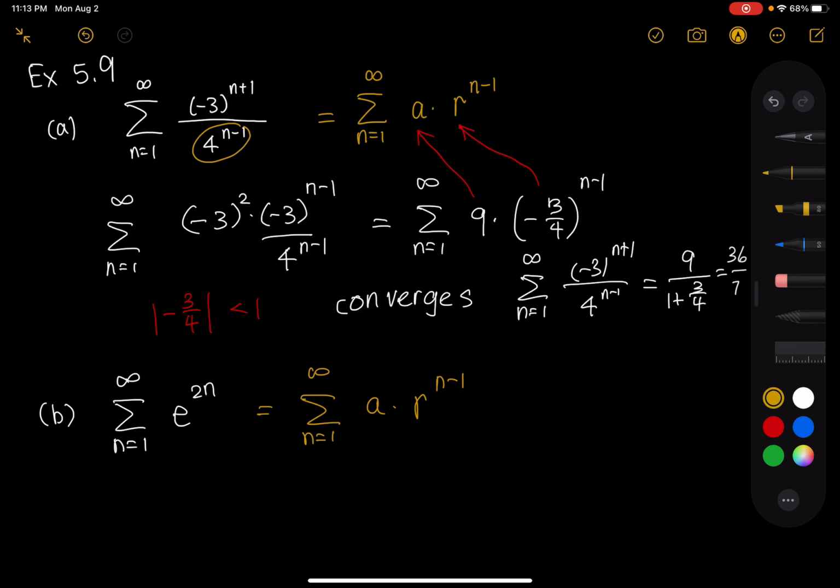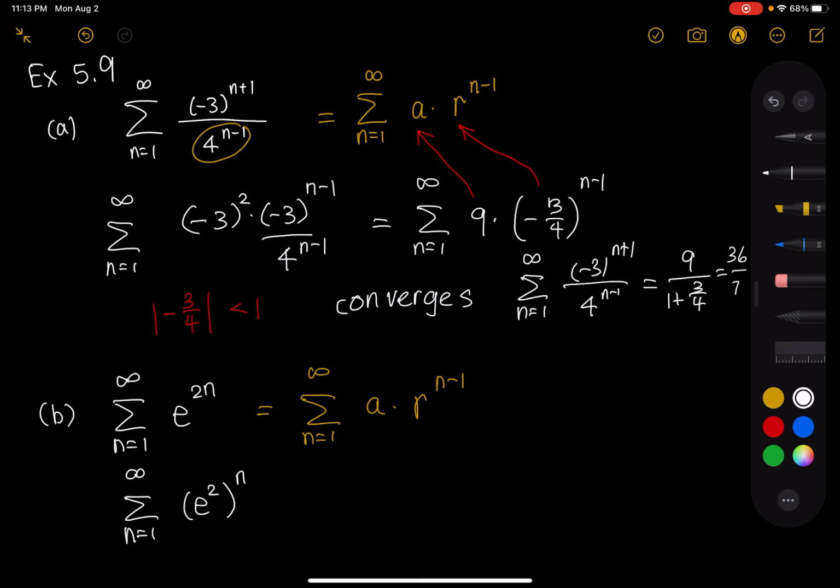We have 2n, but e to the 2n is the same as e squared to the n power. So we're pretty close to something to the n minus 1 power.